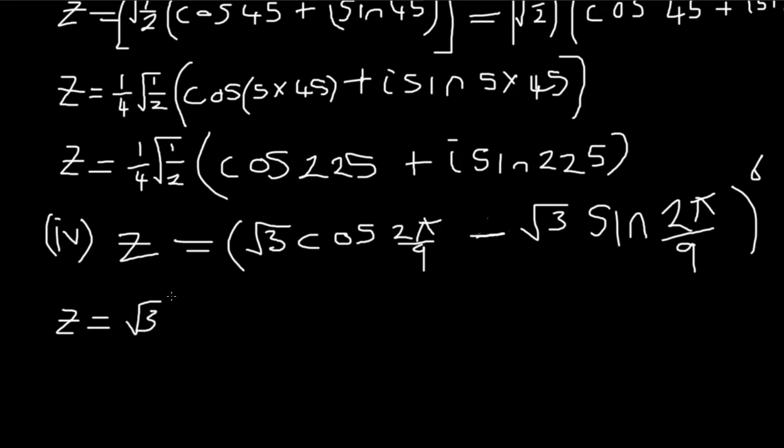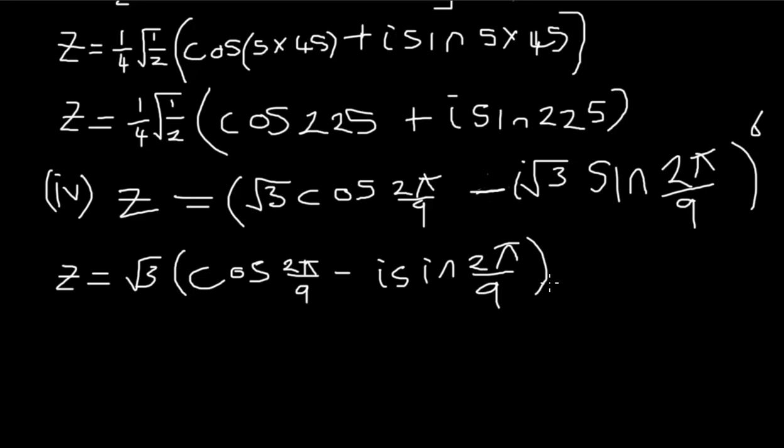It's going to be like this, then open brackets, cos 2 pi over 9 minus i sine 2 pi over 9, and then everything you put in square brackets to the power 6.